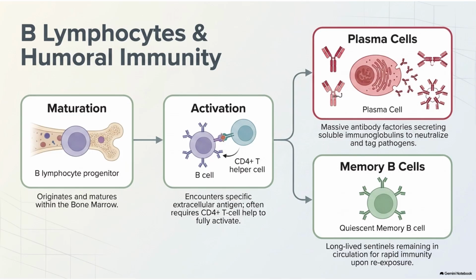And this is why measuring antibodies can sometimes give us evidence of previous antigen exposure or vaccination. But it is also important to remember that antibodies are only one part of adaptive immunity.